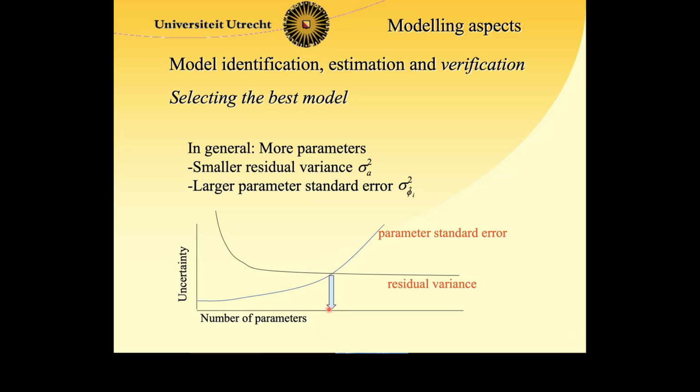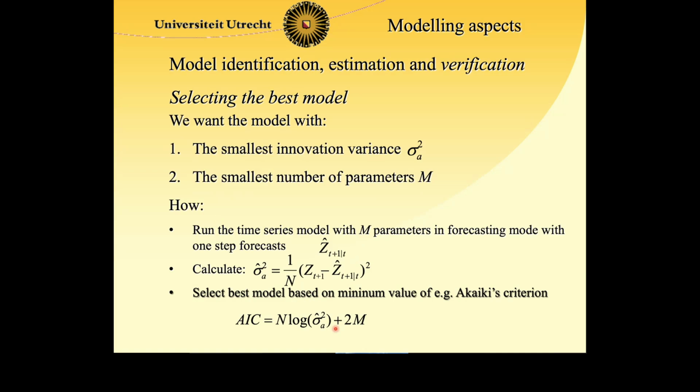So this is the number of parameters, and therefore also the complexity of the model you're going to use. If you want to select the best model, you want the model that on the one hand has the smallest innovation variance, or variance of those residuals, sigma a squared. But you also want to have the smallest number of parameters, and that is the so-called Occam's razor, known from philosophy of science.